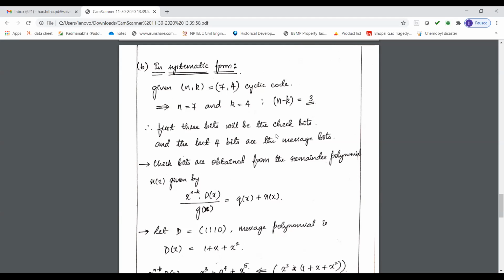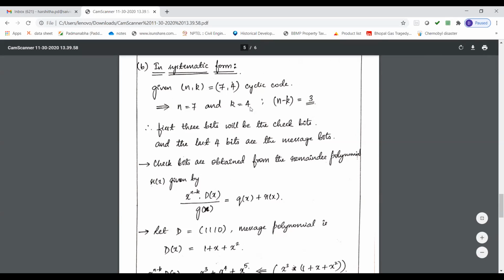So in cyclic codes, first we'll write the check bits, next we'll write the message bits. Check bits is of this length, that is 3. So first 3 bits will be check bits, and the last 4 bits, that is k equal to 4 bits, will be the message bits.